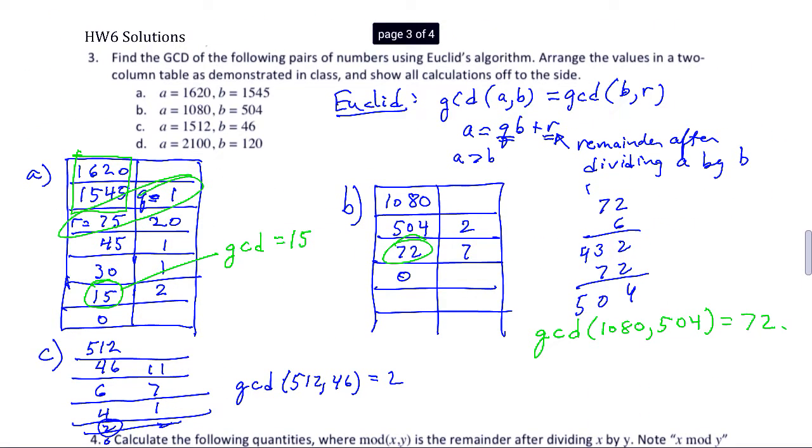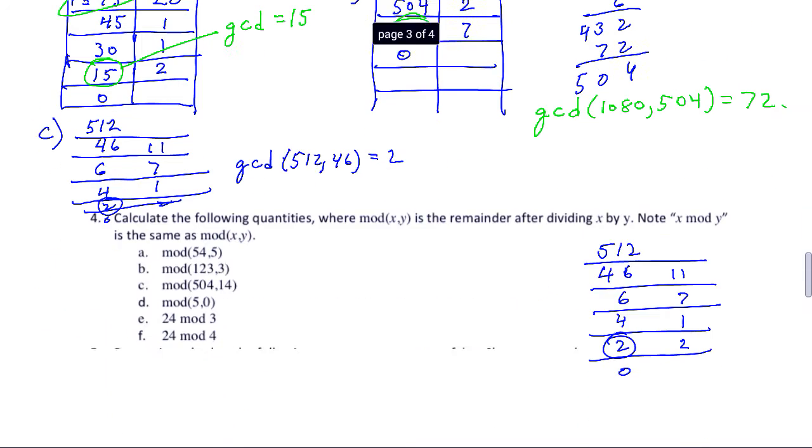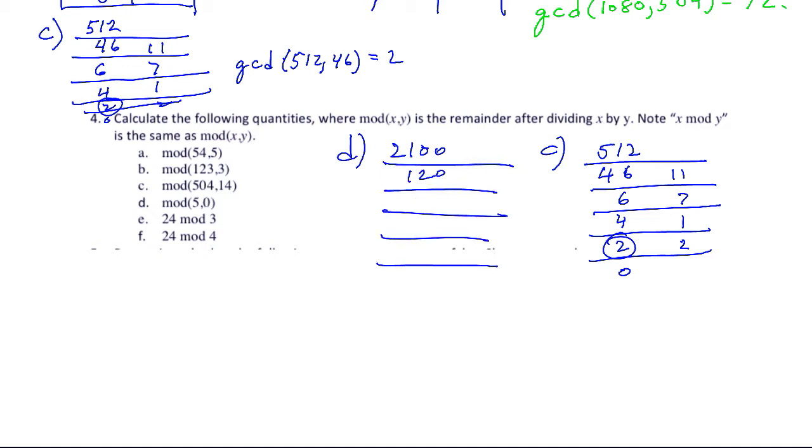For part D, I've got 2100 and 120. And 120 goes into 2100. Well, it goes into 2400 20 times.